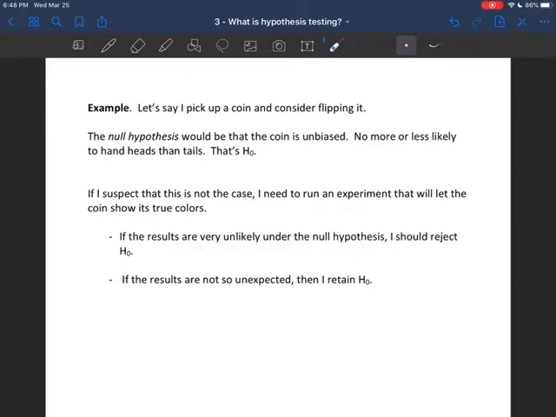I'm going to run the experiment, and if the results that I see are very unlikely under the null hypothesis, so if the results are very unlikely to happen if the coin is actually unbiased, then I will be allowed to reject the assumption that it's unbiased. I'll be able to reject the null hypothesis. If, however, the results are not so unexpected, then I retain H0. I retain the null hypothesis.